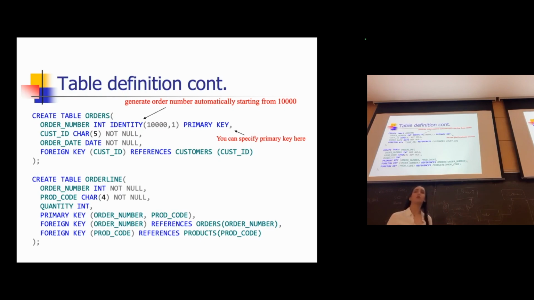So which tables should be created before I can create order line? Order and product, both of them. You cannot create the order line table if you have not created both of these tables before. So order line can come here.